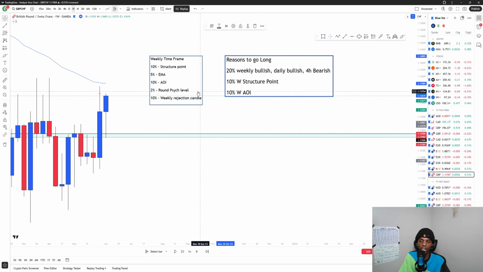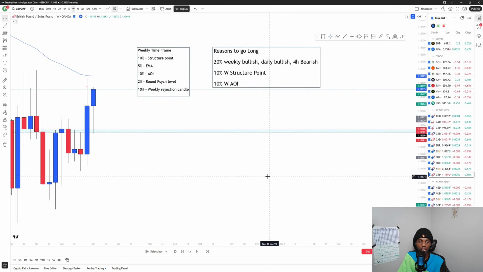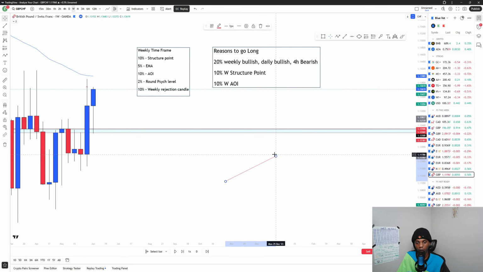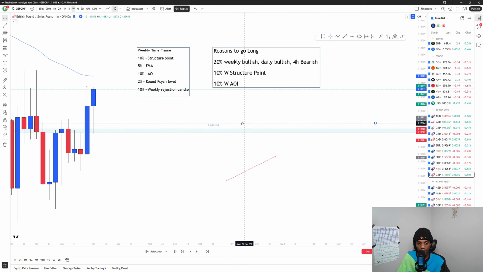Next, round psychological level. What is a round psychological level? Round psychological level is basically this number you see in black, 1.12500. A round psychological level is basically any number that ends in a 0 or multiple 0s. For example, this number right here ends with 2 zeros, so that's a round psychological level. And it's also this black line you see right here.